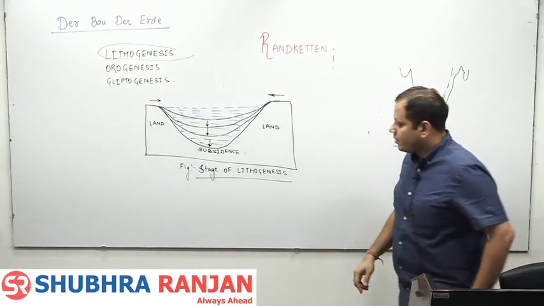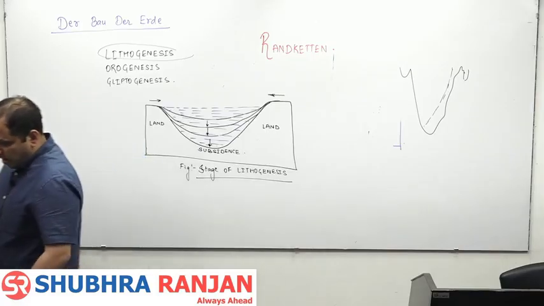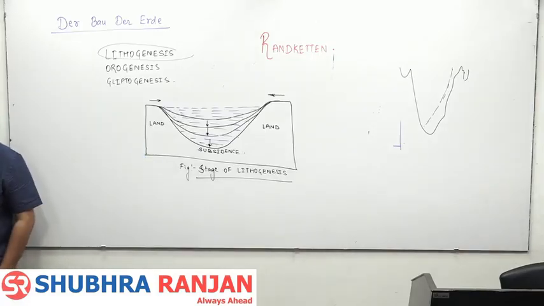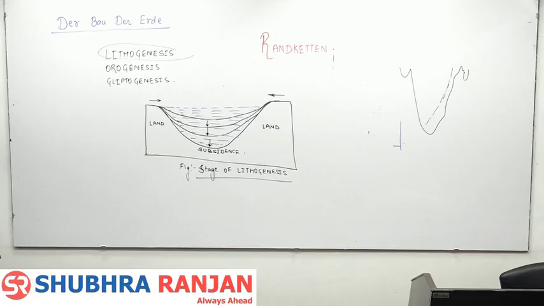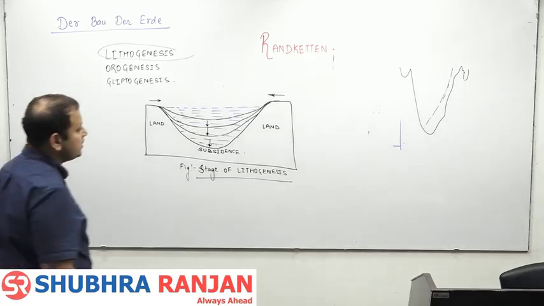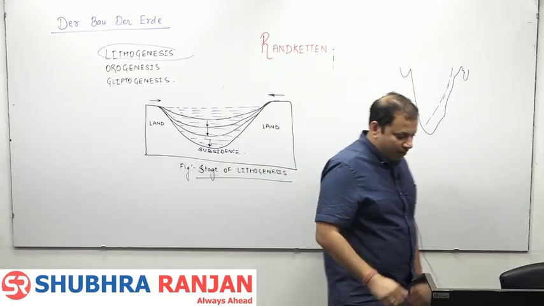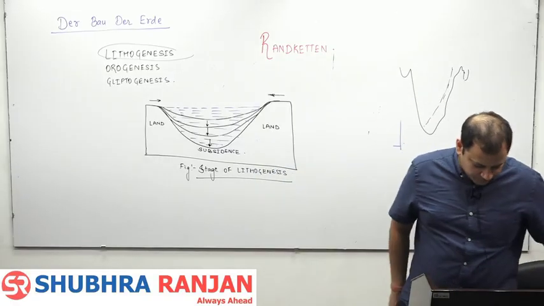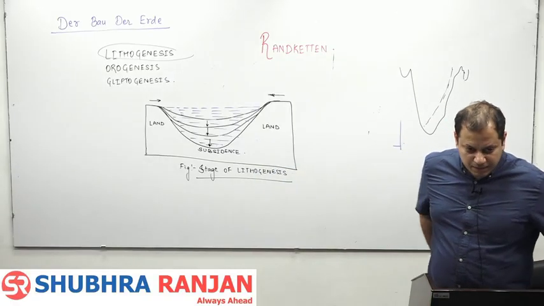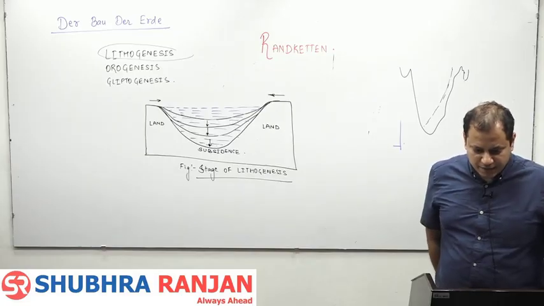Fine. If the intensity of the compressive forces is not strong, the middle portion of the geosyncline is unaffected.